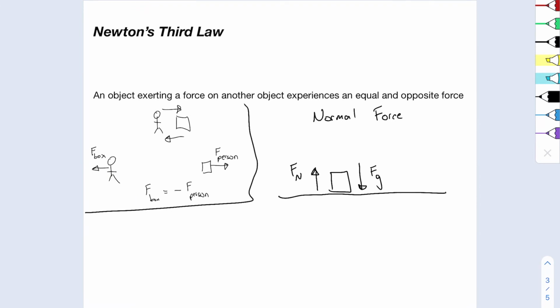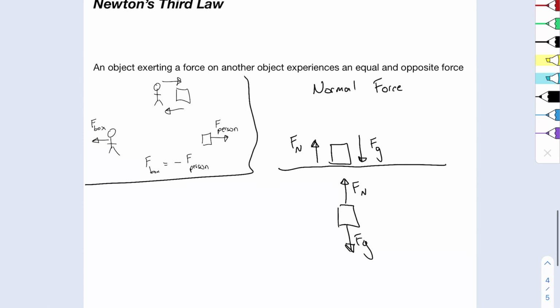And so if you were to draw a free body diagram of the box itself, the box experiences a gravity, that's Fg, and it also experiences a normal force from the floor, which is perpendicular to the floor.